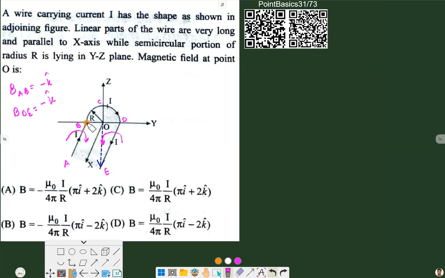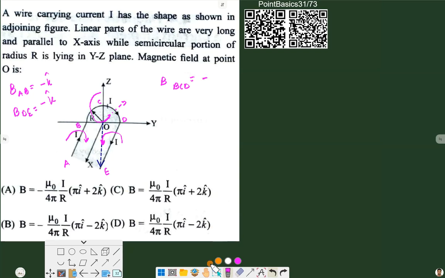Now for the arc BCD, the current is moving in the Y direction. So if we see the magnetic field at point O, it will be in the negative Z direction.